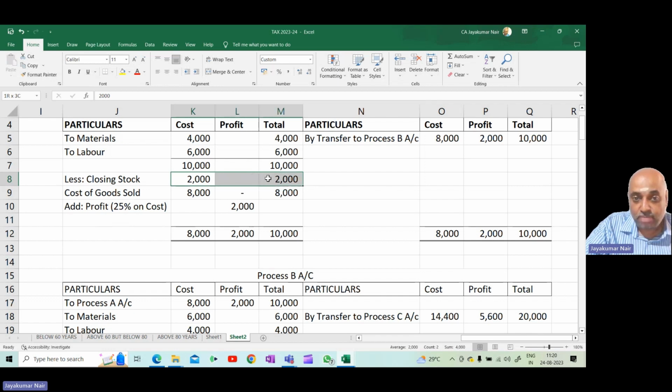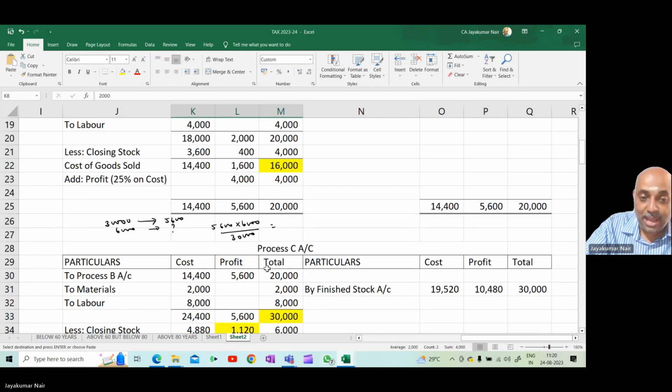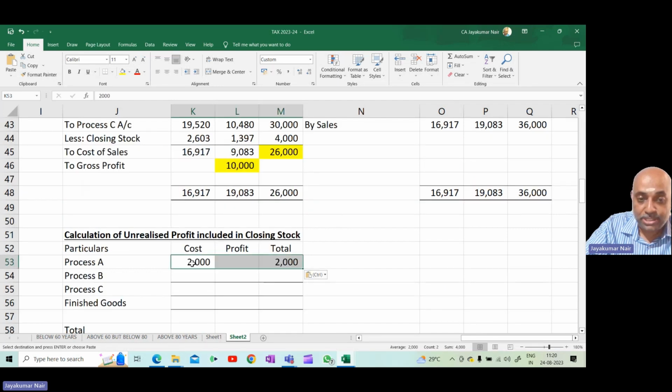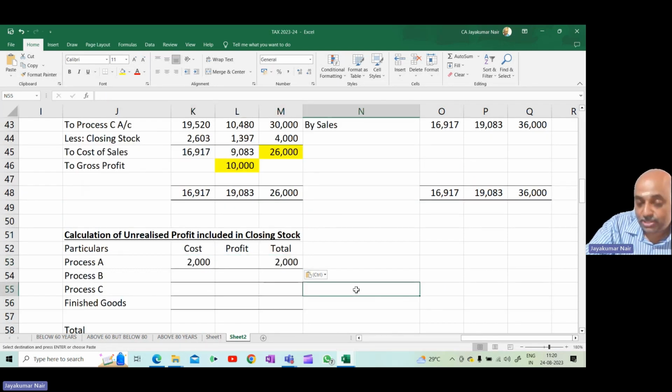So this we can copy and write it here. Unrealized profit included in process A: there is no profit because this particular process has not received goods from a previous process, because this is the first process. So there is no unrealized profit included in the closing stock.